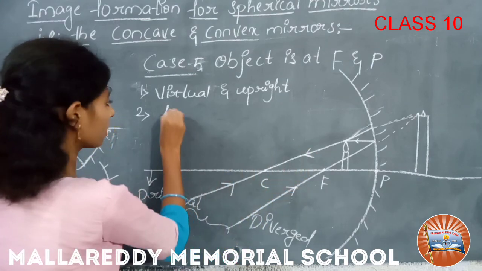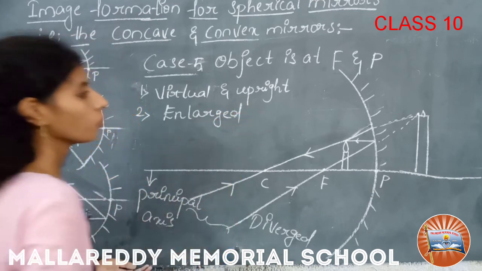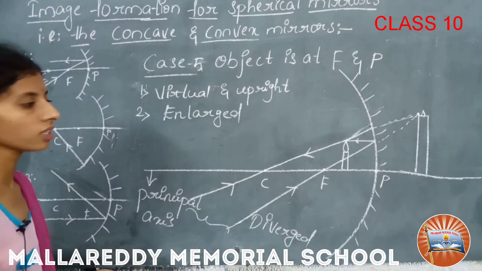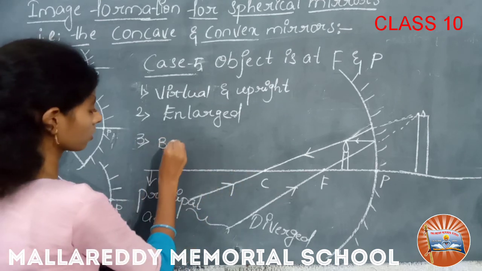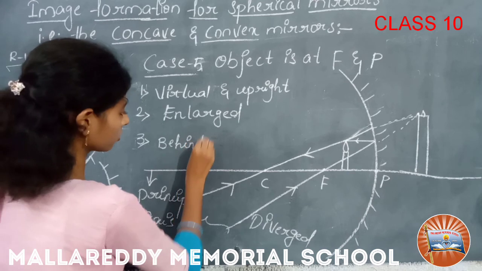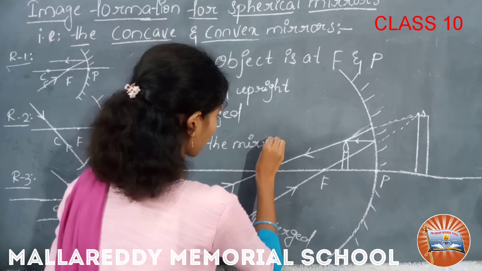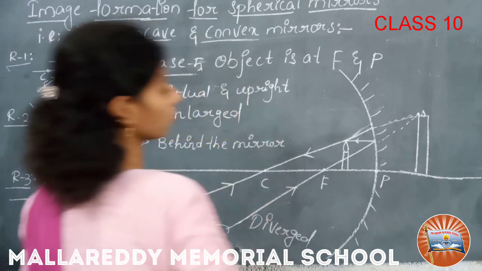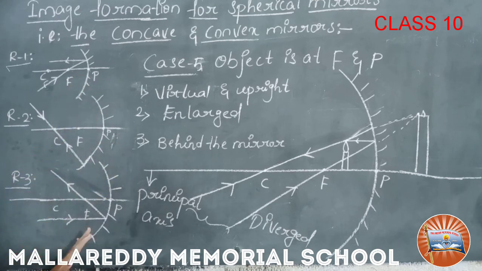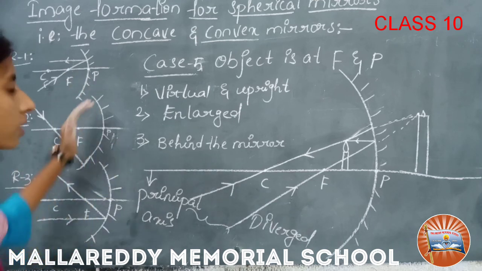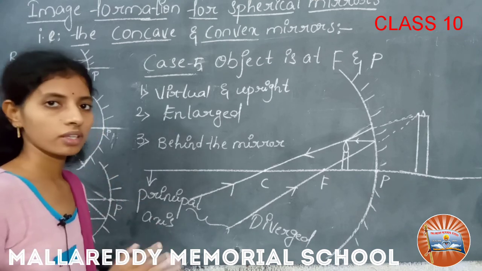It is enlarged here. And what is the position of the image here? So here it is behind the mirror. Okay, so this is case 5. So these are the 5 cases and 3 rules to draw the ray diagrams for the concave mirror. Okay.